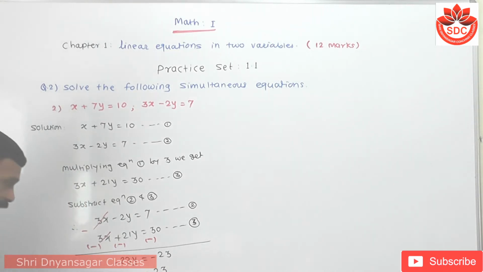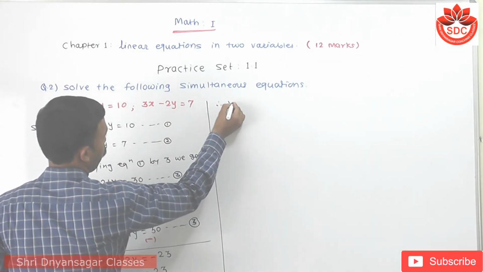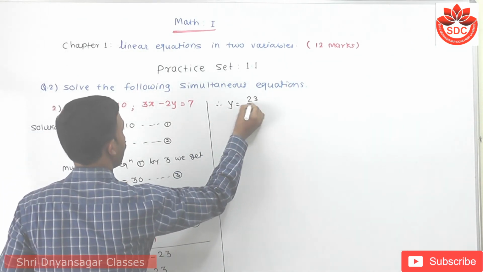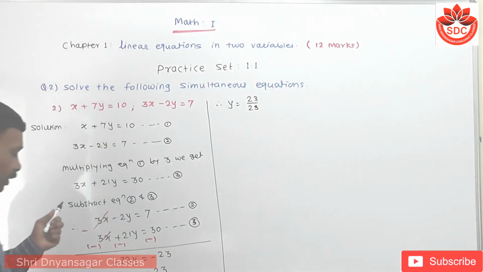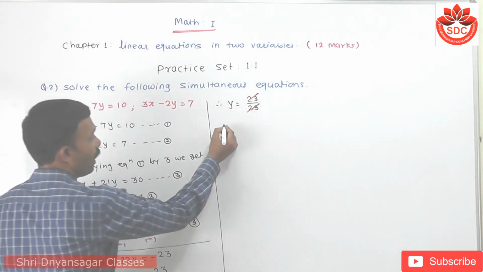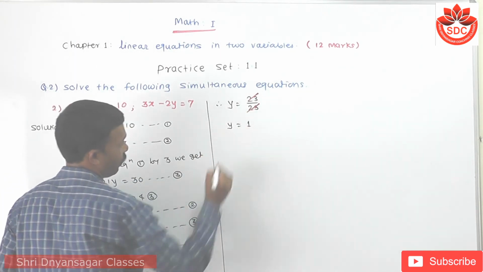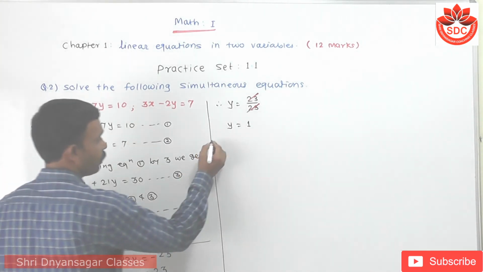Then this 23 goes to the denominator, therefore y is equal to 23 upon 23. Then these 23 get cancelled, so the value of y is 1. You have to substitute this value in any equation.